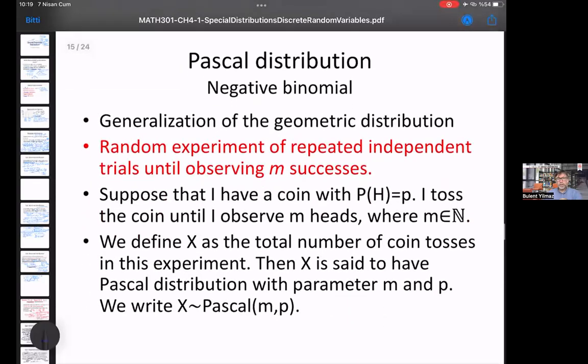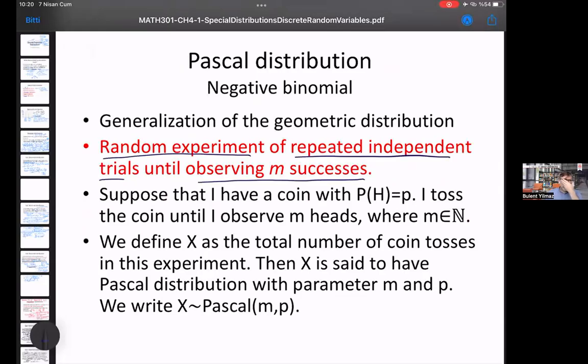Okay, here is another type of distribution, which is called Pascal distribution or negative binomial. I will have a random experiment of repeated independent trials until observing m successes.